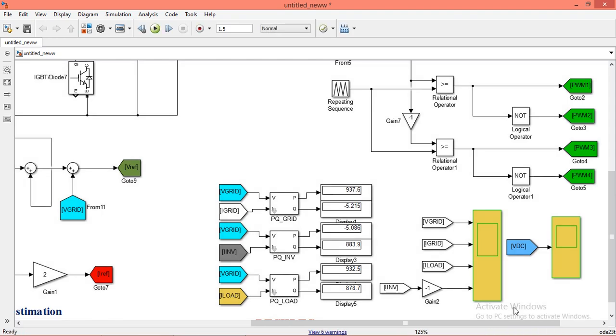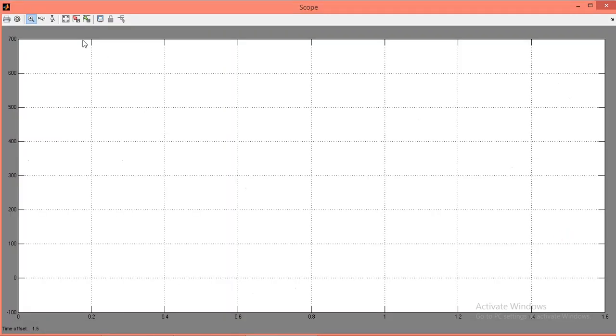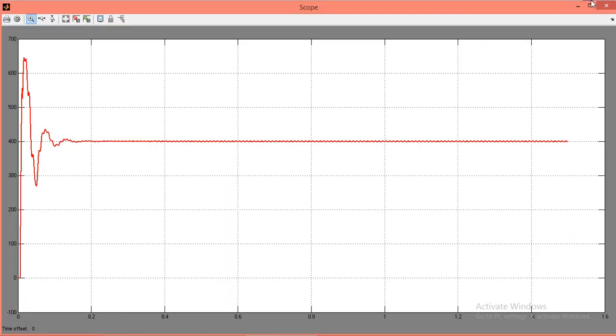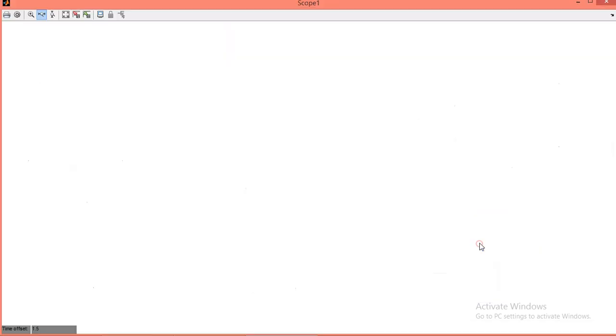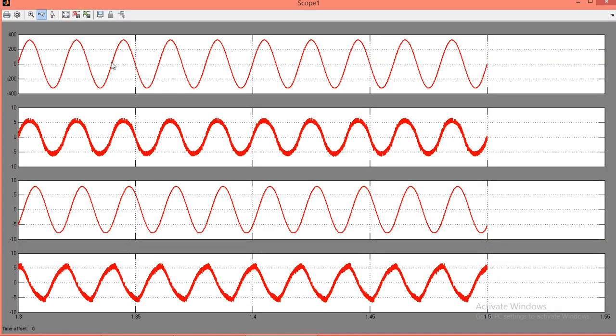So we have completed the simulation. Here also you can see that the reactive power taken from the grid is nearly zero. Only active power is taken from the grid. And the load reactive power, that's 878, is almost supplied from the inverter, not from the grid. We'll see the DC voltage. That's again at 400. Again you can see that grid voltage and grid current are in phase. This is the load current and this is the inverter current.